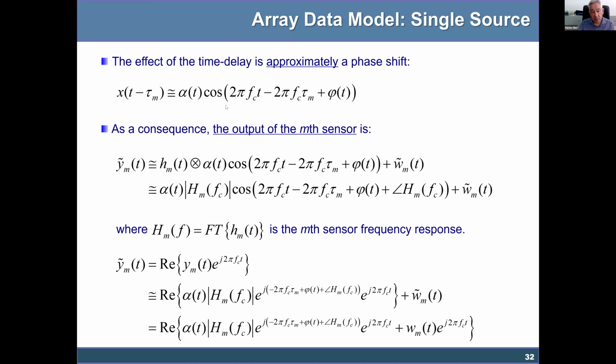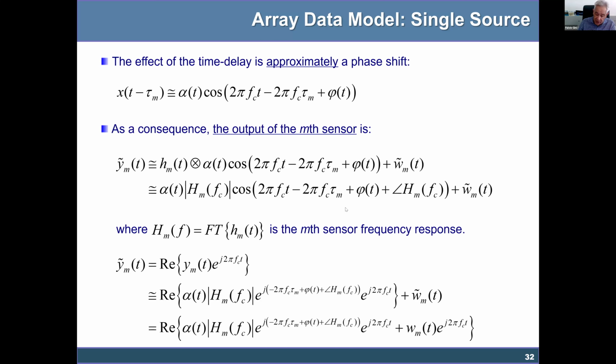Otherwise, if the signal is not narrowband, this approximation is not valid. Now, under this approximation, the linear convolution between the received signal and the impulse response can be simplified.